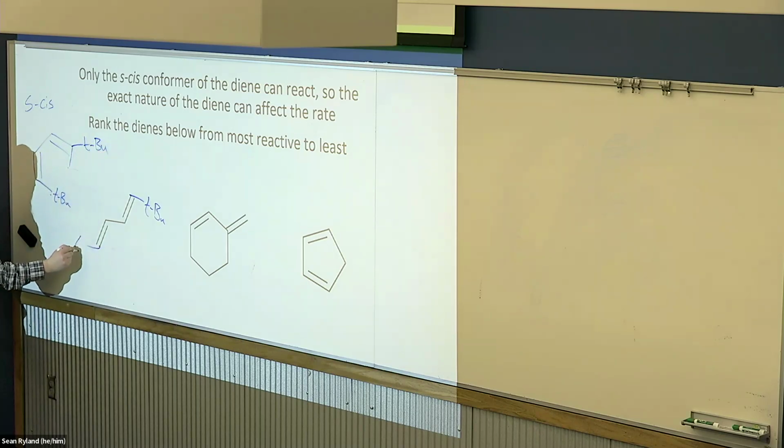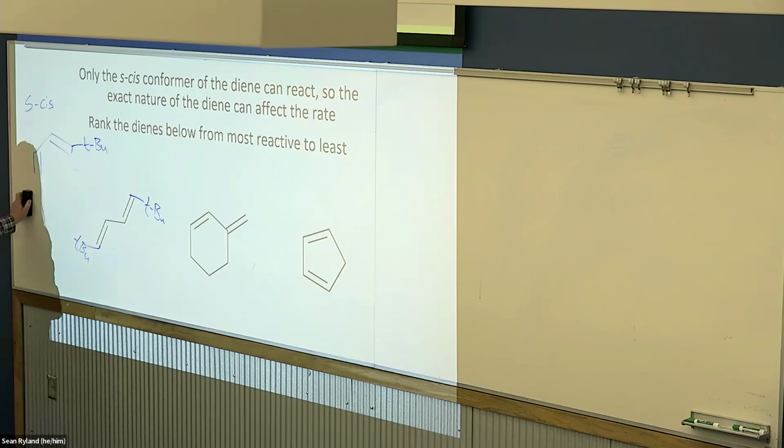Actually, I think we can put it here. Then they could be facing opposite directions when they're in the S-cis. So we can tweak the reactivity a little bit by changing what's attached to our diene or our dienophile for that matter.